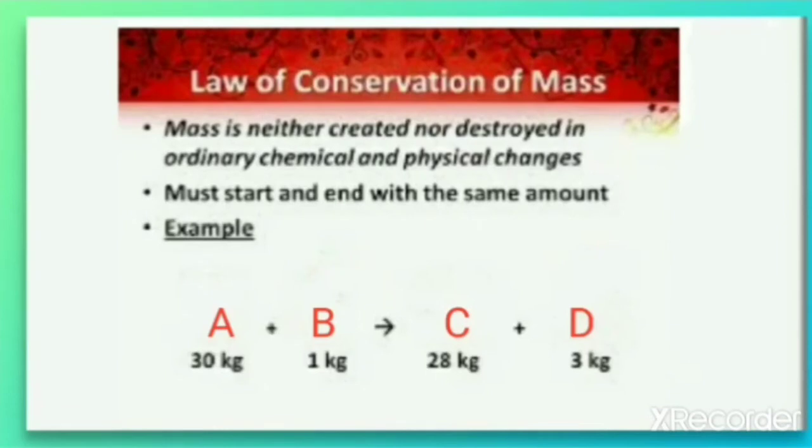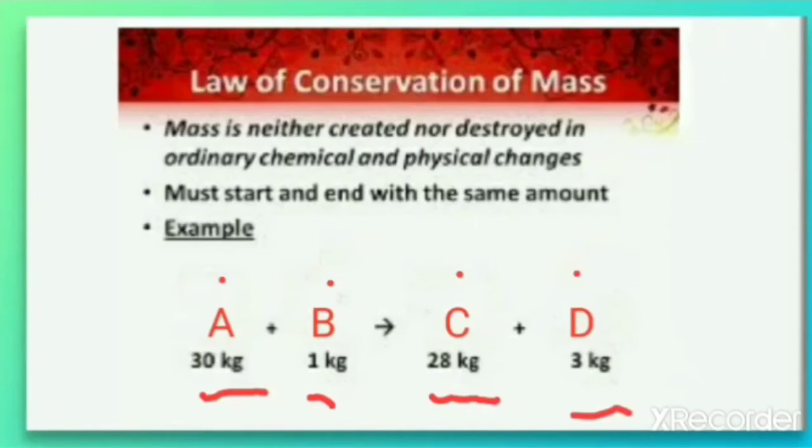A plus B gives rise to C plus D. Here, let a chemical reaction take place in which A combines with B to give rise to C and D. Let us say we have taken the mass of A as 30 kg and the mass of B as 1 kg. We get the products C and D. The mass of C obtained during this process is 28 kg and the mass of D obtained is 3 kg.